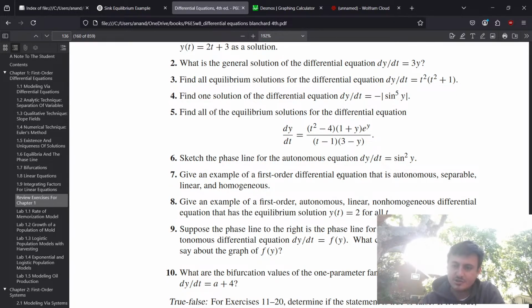So 0, pi, 2 pi, minus 2 pi, etc. So what we're going to do is draw a phase line. 0, pi, minus pi. Now, I don't really want to take the derivative, but maybe we should. Okay, actually, we'll just do this. Pi over 2, sine pi over 2 is 1. Right?